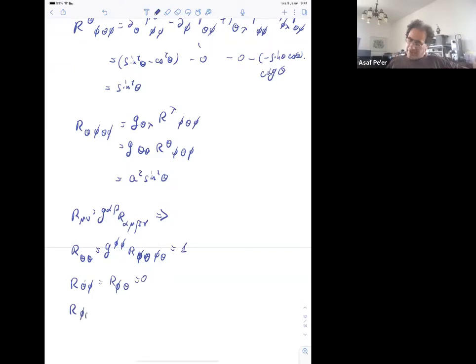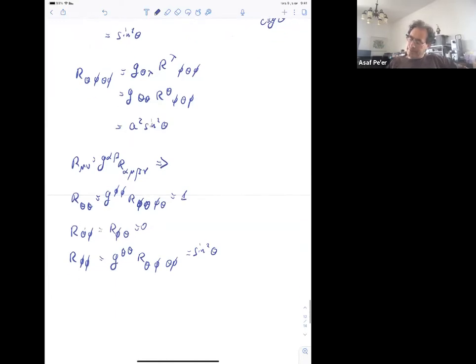R phi phi is just g theta theta R theta phi theta phi, which is just sine squared theta. And the Ricci scalar R is just g theta theta R theta theta plus g phi phi R phi phi. That's going to be just 2 over a squared.